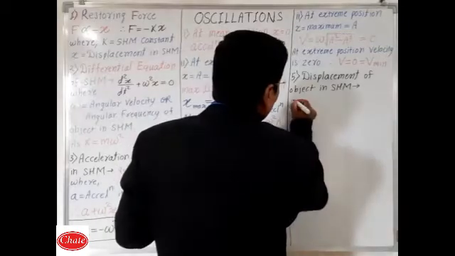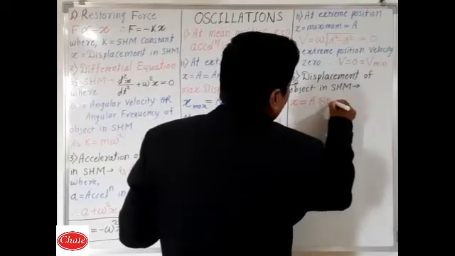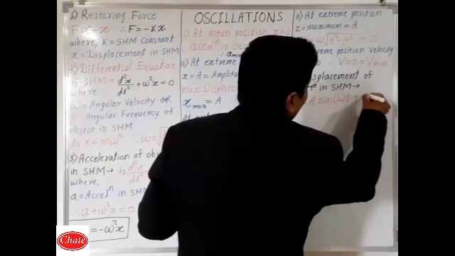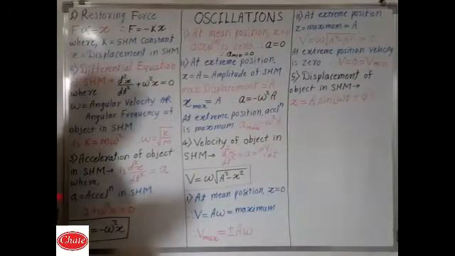X is equal to A sin omega t plus phi. ठीक है.